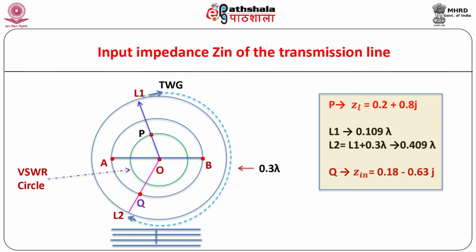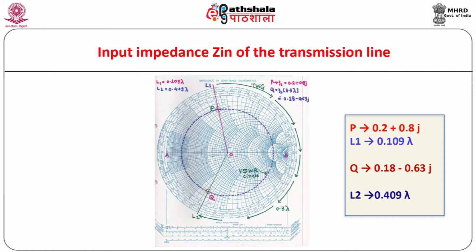Join points L2 and O. Note the point of intersection Q of the line OL2 and the circle of radius OP. Step number 6. The point Q represents the location of the line impedance at a distance 3.3 lambda from the load. Note the values of R and X corresponding to the point Q on the Smith chart. The actual solution on the Smith chart will look as shown.